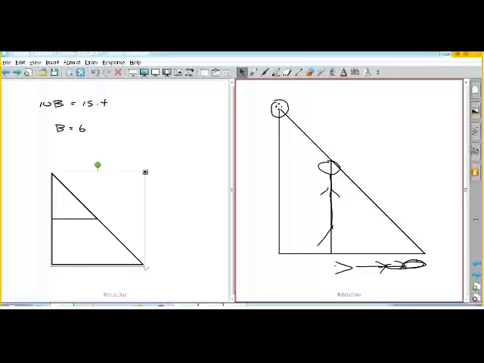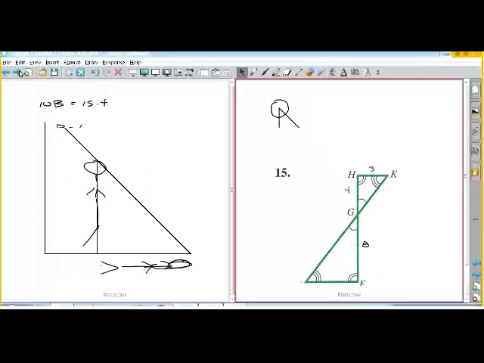And the other triangle is from the light to the ground to where the head of this person is, back up again. Because these two triangles have the same angles, they're both 90-degree triangles, they have the same angle here, therefore these angles are the same. They're similar triangles, and you can ratio lengths, and you can solve the problem that way.